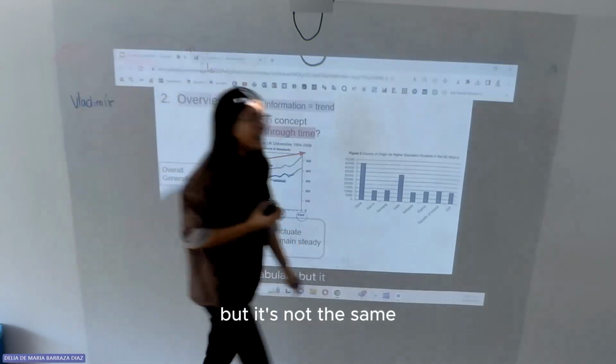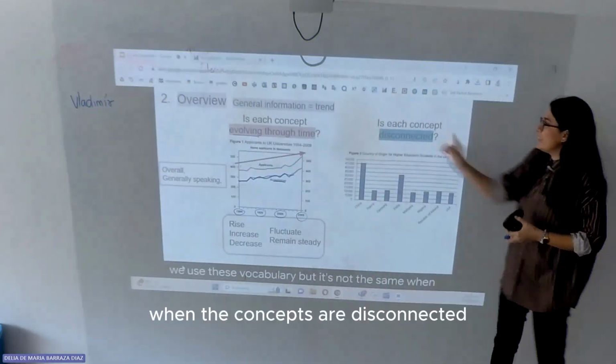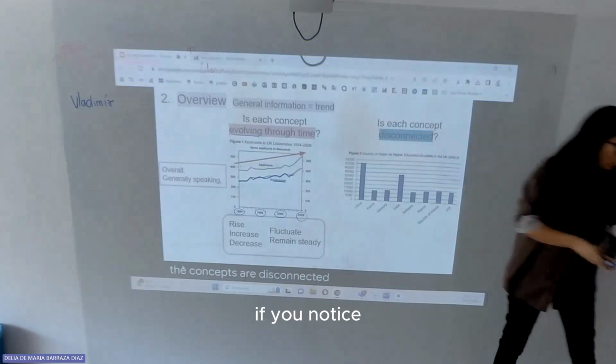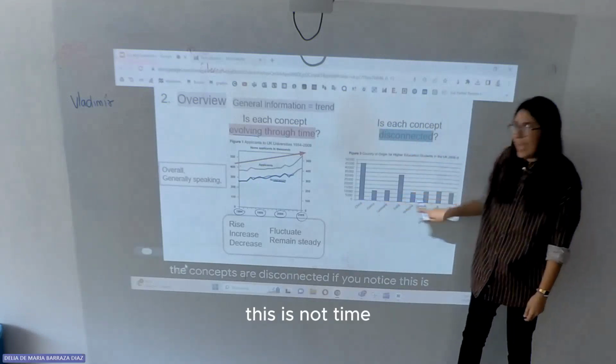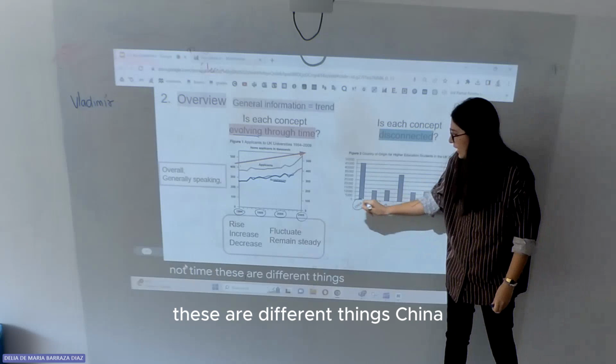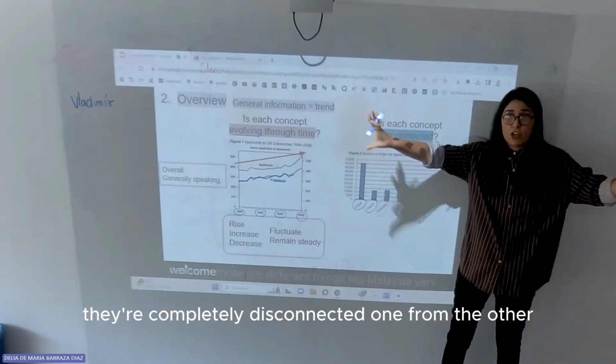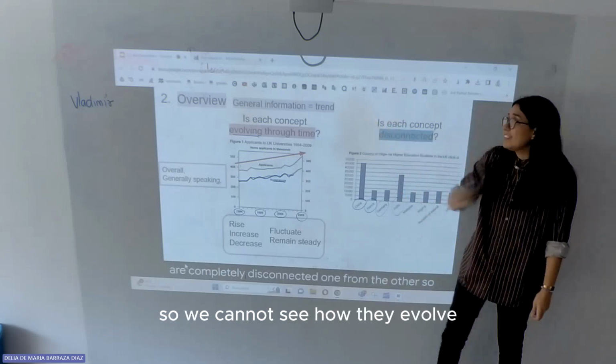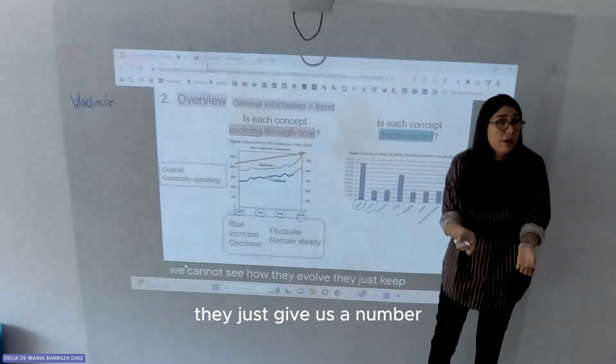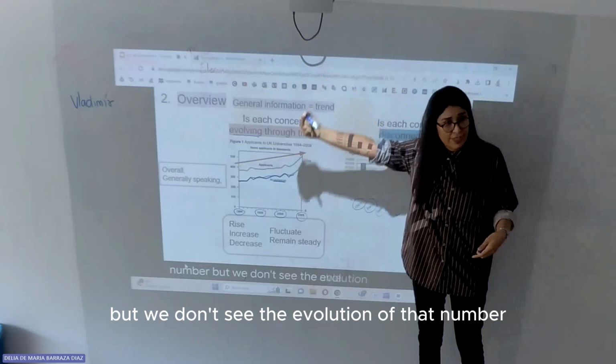But it's not the same when the concepts are disconnected. If you notice, this is not time. These are different things. China, France, Germany, India, Malaysia. They're completely disconnected one from the other. So we cannot see how they evolve. They just give us a number, but we don't see the evolution of that number.